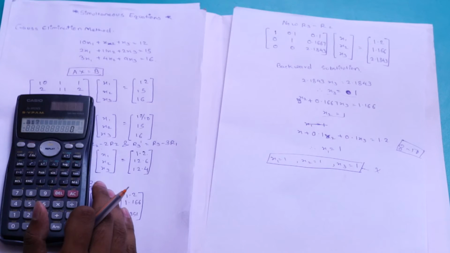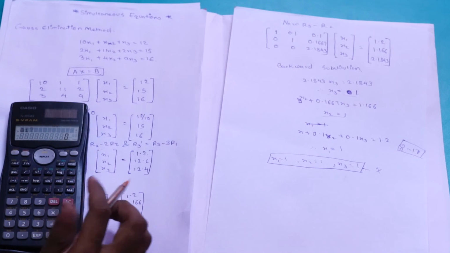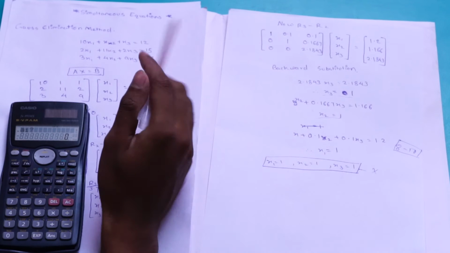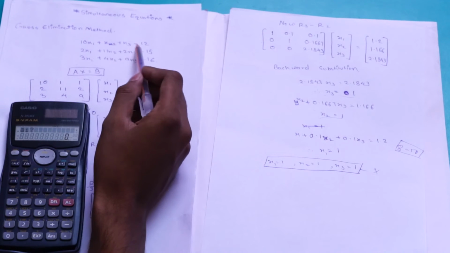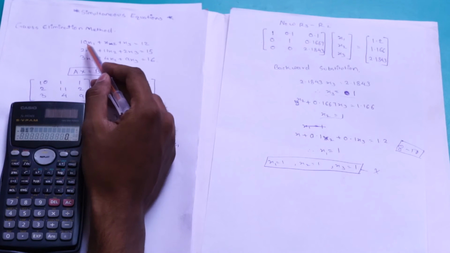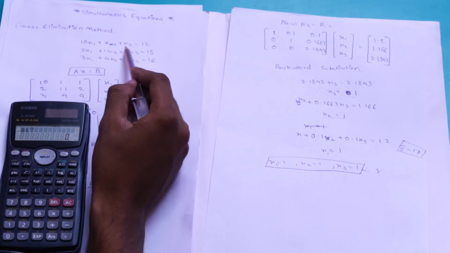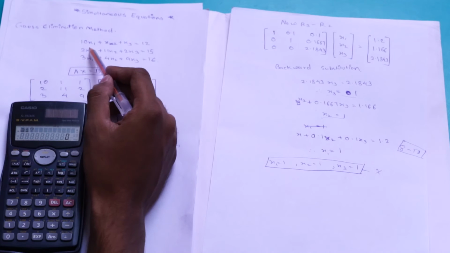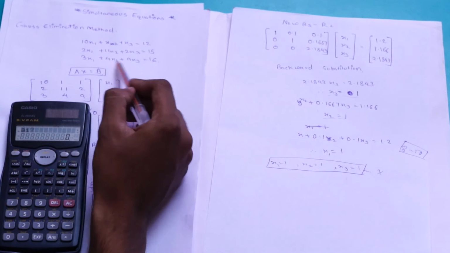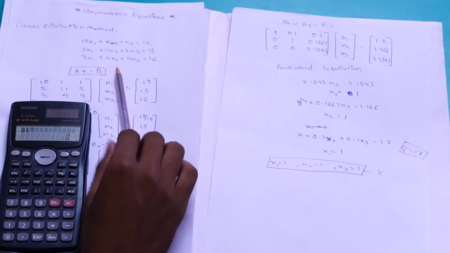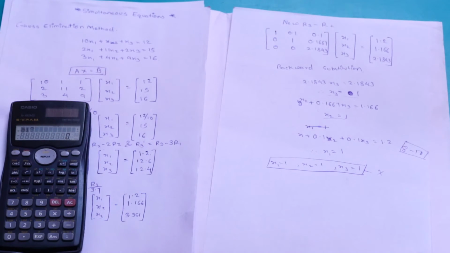Now we get a1, so we should enter the value for it. As I will tell you, we should enter the values in a left to right manner. So this is a1, b1, c1, d1, and in that way a2, b2, c2, d2, a3, b3, c3, d3. So we have to enter these values.